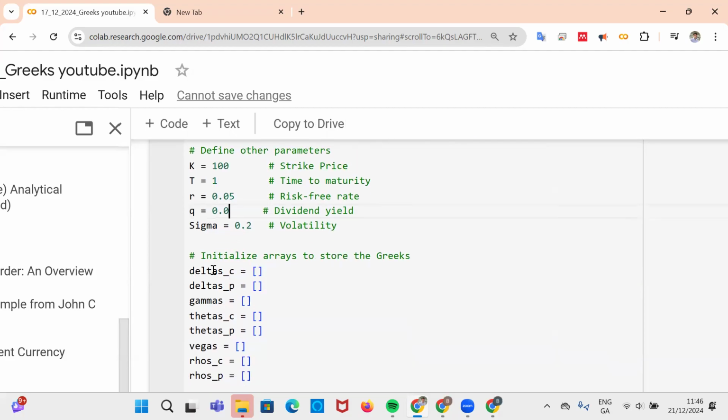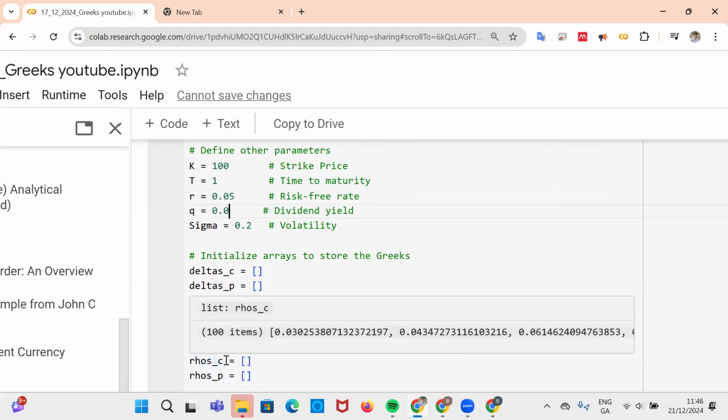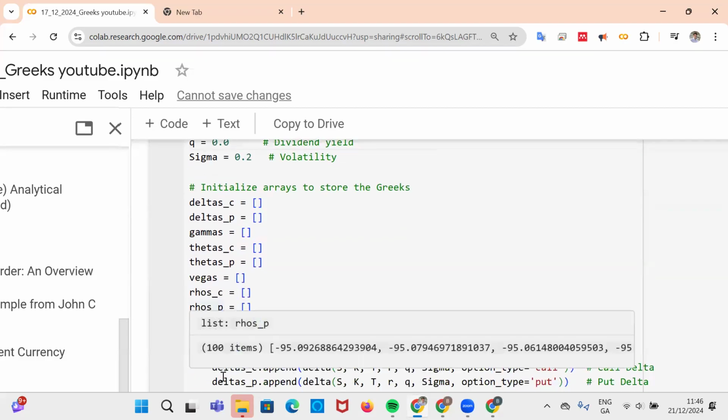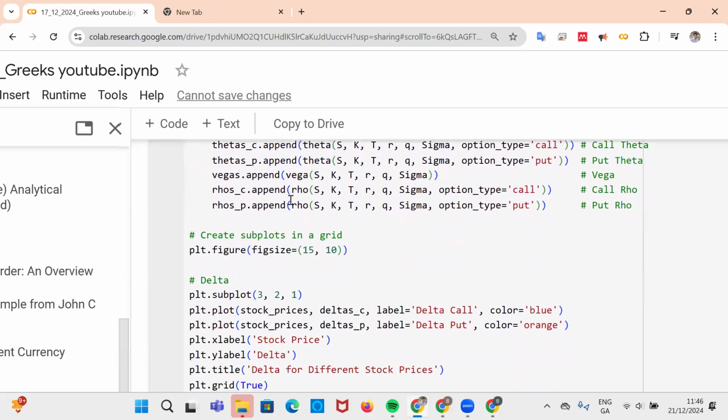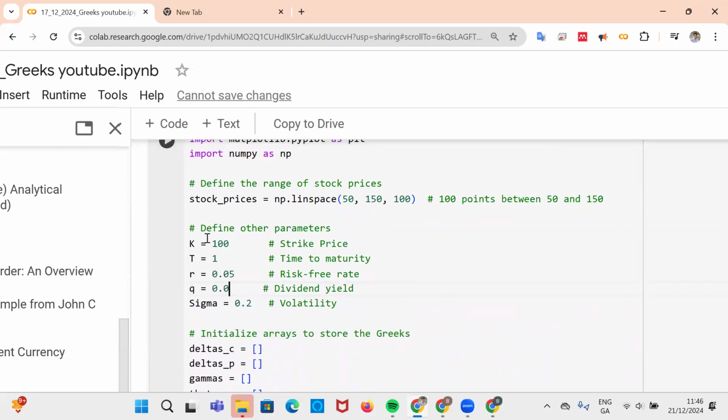And we estimate the value for the delta of the calls, the delta of the puts, gammas, thetas of the calls, thetas of the puts, the vegas, the rhos we estimate for the call and the rhos we estimate for the puts. And we map out those in relation to varying stock prices. So if you like, we hold constant these parameters, but we allow the stock price to vary.